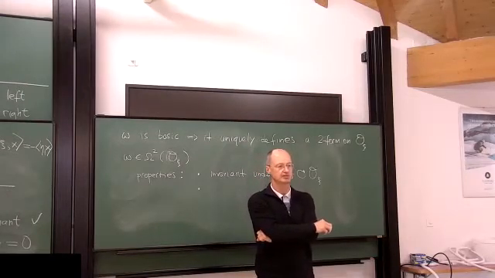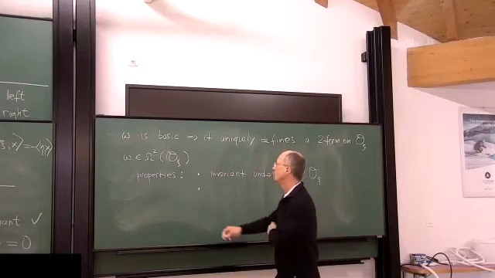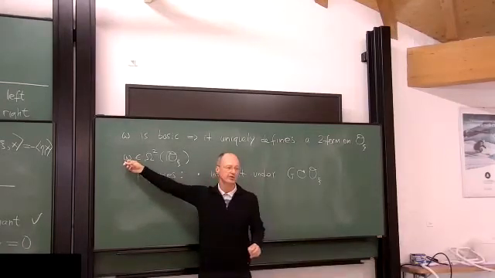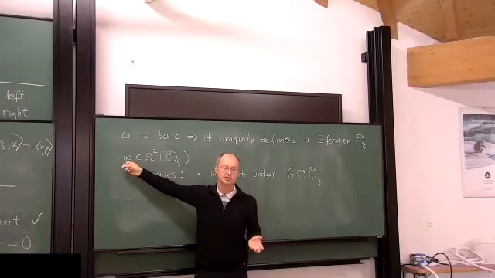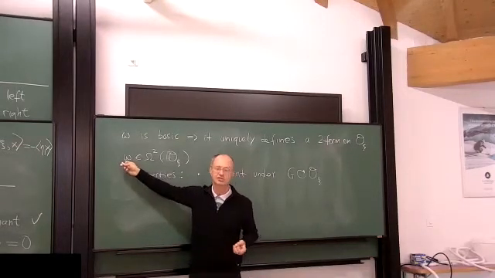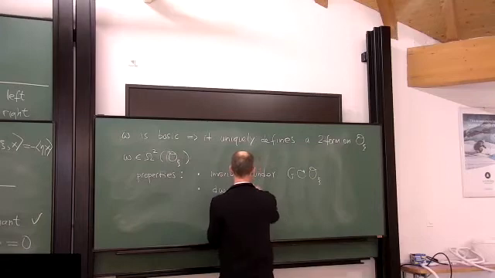It was d of something, but for sure it is closed. Now, this implies that the descended form is also closed. It doesn't need to be exact because alpha may not descend, and usually alpha does not descend. But the closedness remains. So closedness is automatic.